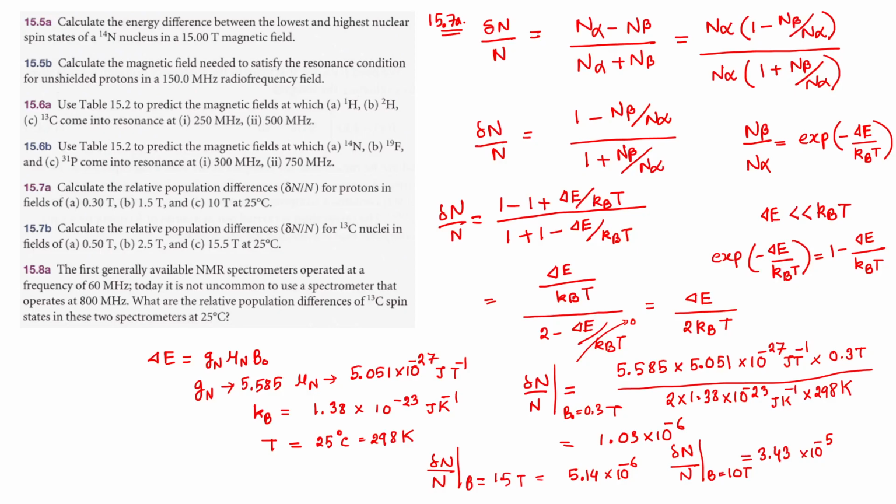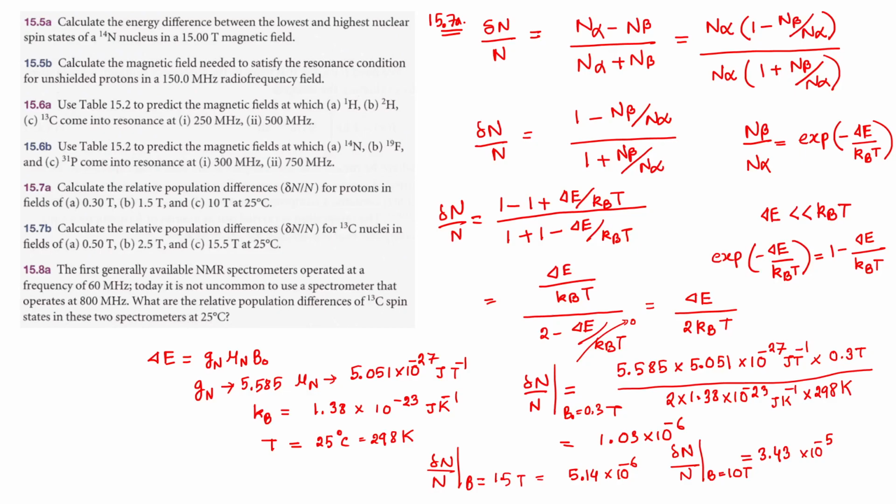15.7b also. Now what is the question related to the 15.8a? So the question says the first generally available NMR spectrophotometers operated at a frequency of 60 MHz. Today it is not uncommon to use a spectrometer that operates at 800 MHz.